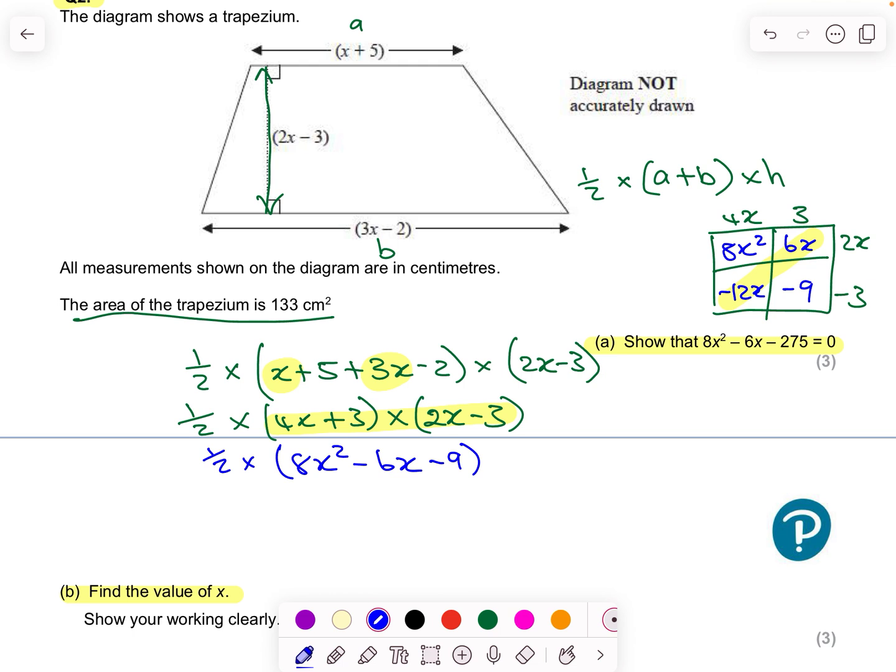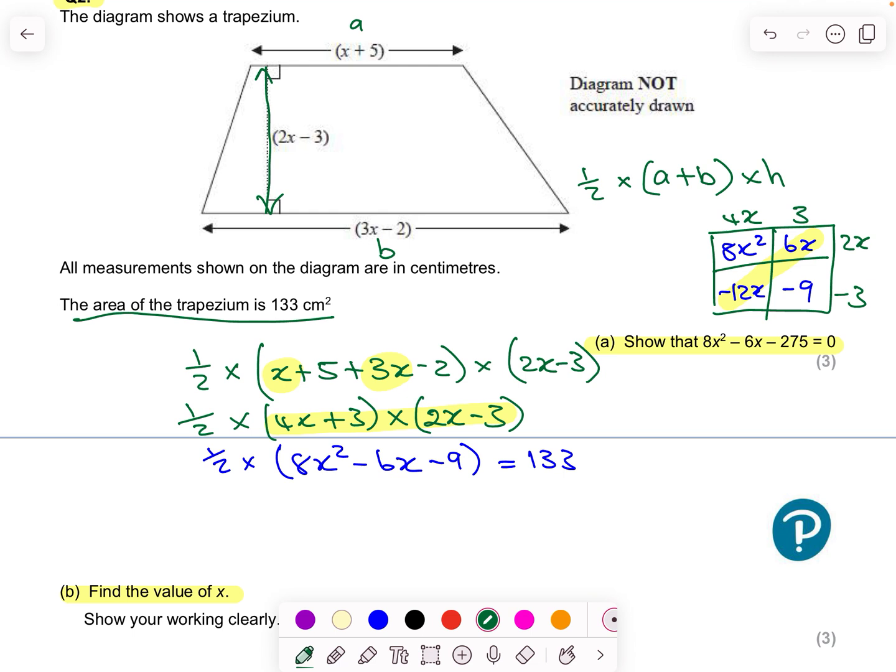Okay. And that's meant to equal 133. So I'm going to get rid of the half by multiplying both sides by 2. And that gets rid of it. Dividing by a half is the same as timesing it all by 2.